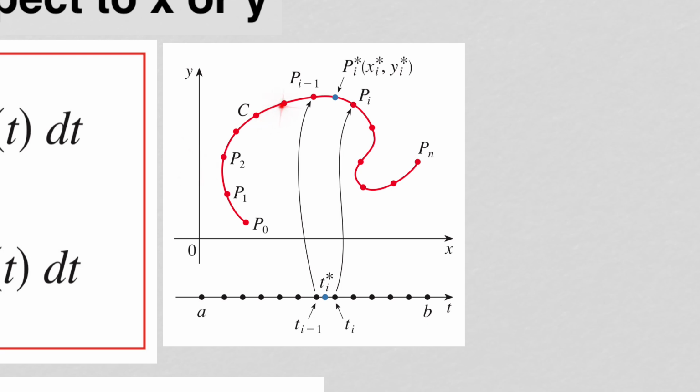So we can see that the length of the curve here is not necessarily equal to the length along the x-axis, and it's not necessarily equal to the length along the y-axis. And those, of course, are delta x and delta y.